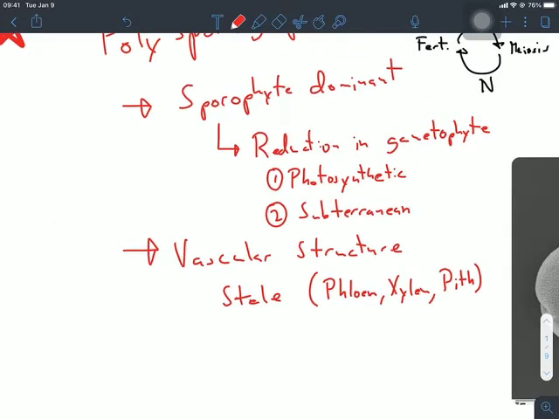We also get some smaller changes. So obviously sporophyte dominant is a big change, and vascular structure changes that lead to the formation of leaves are both big changes. But we also get smaller changes that are inherited by all of these land plants.